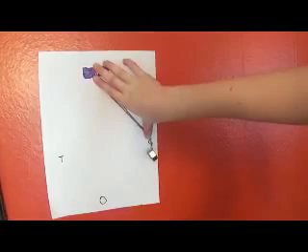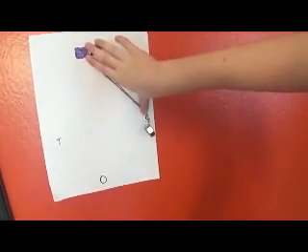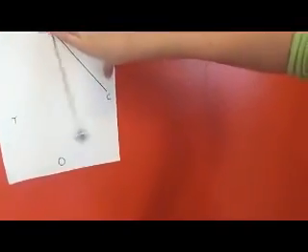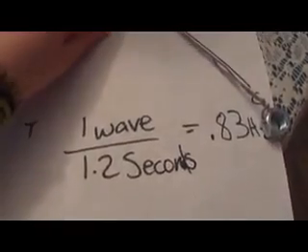Alright, so we'll time this, and then we'll show you the number of waves over the number of seconds. In order to get a higher frequency, they would be closer together or more compressed in the compressional waves, or shorter wavelengths in the transversal waves.